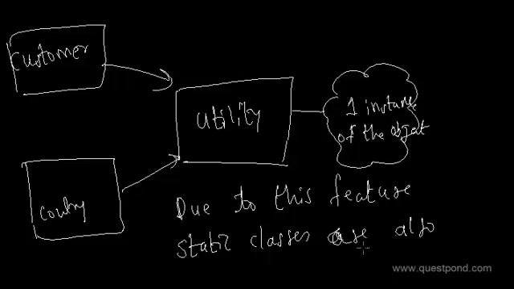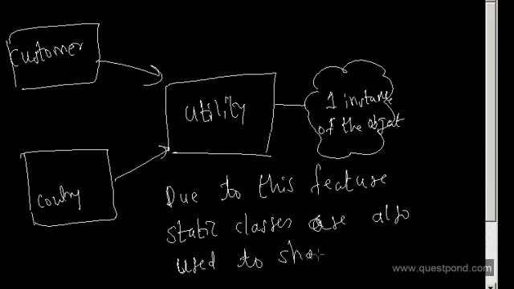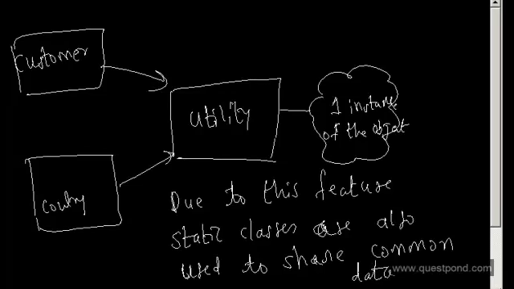What you can do is make a class static, and make the variables static, and only one instance of the object will be created in memory, and thus all the forms can share the common data. So the instantiation problem is solved by creating only one instance of the object. So always remember that a static class has only one instance of the object created in memory.